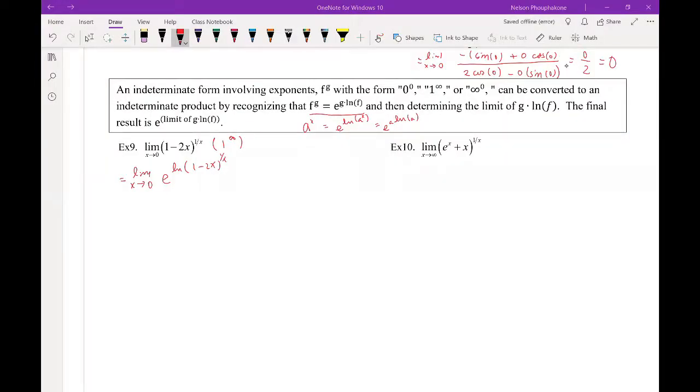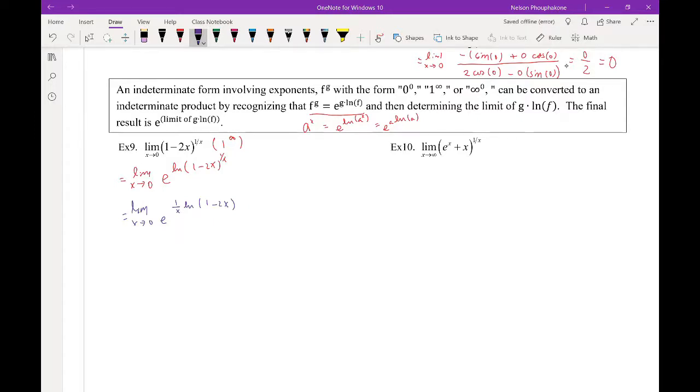So then now we will have the limit x approaching 0 of e to the 1 over x natural log of 1 minus 2x.